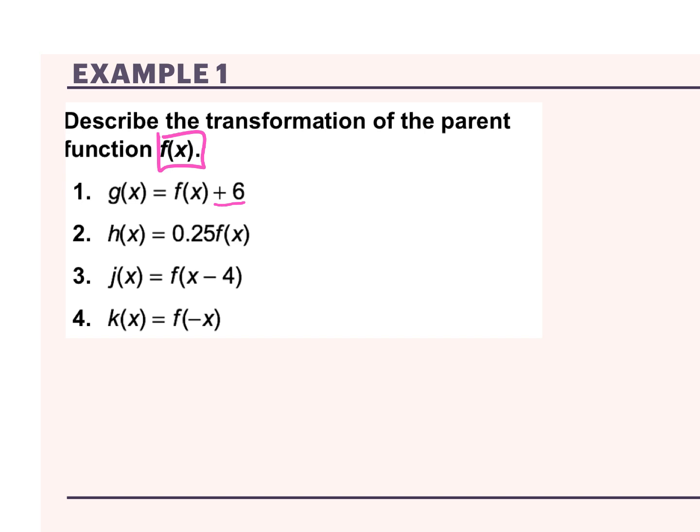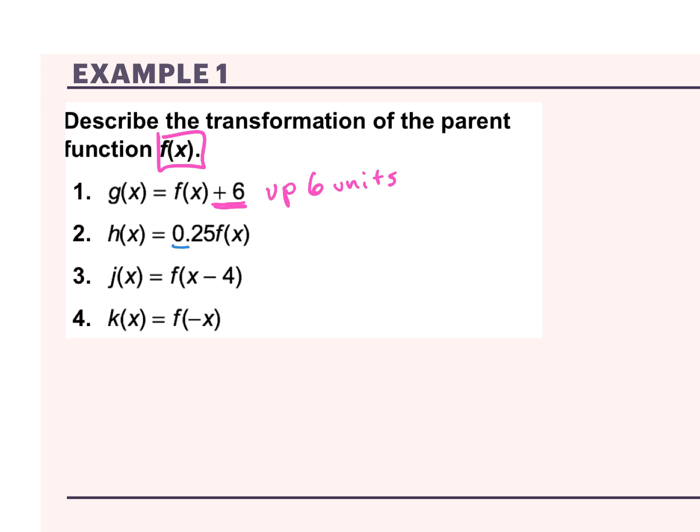Going back to the slide before, if it helps you, have that slide open when you're doing your homework so you can see what your question looks like and you would know what transformation's happening. So when we're adding 6 to the outside, this would mean we go up 6 units.